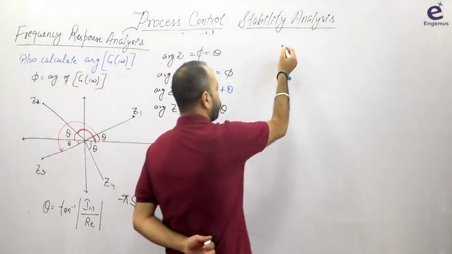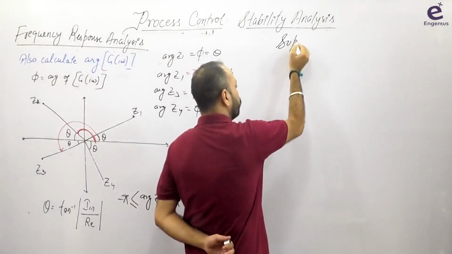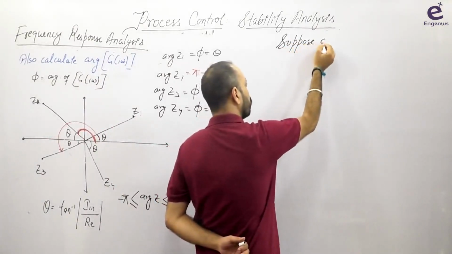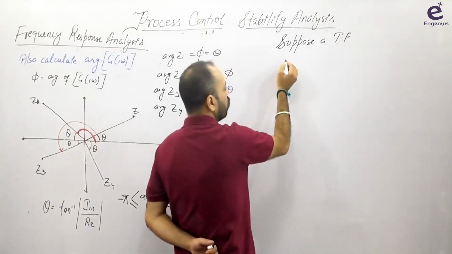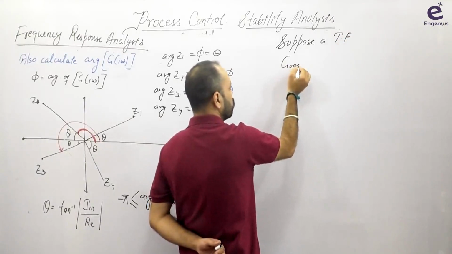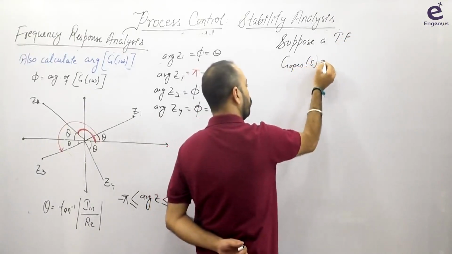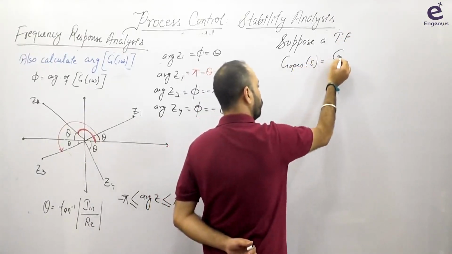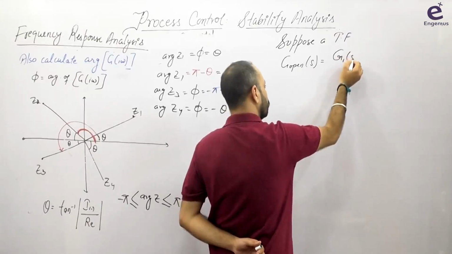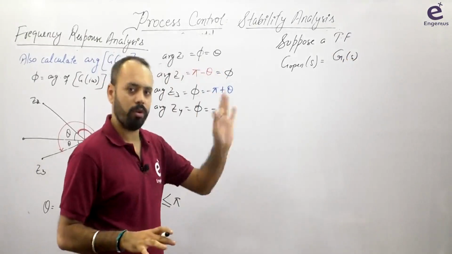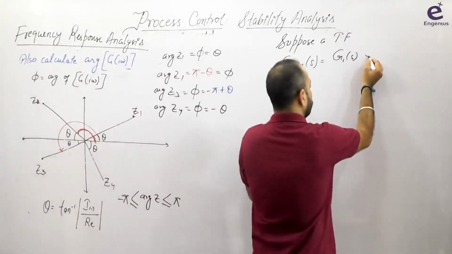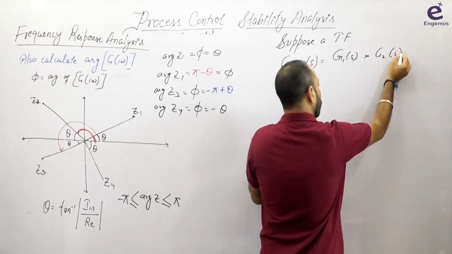So suppose a transfer function G open(s) can be written as a multiplication of G1(s), G2(s) and G3(s).